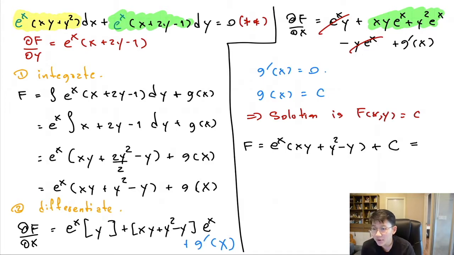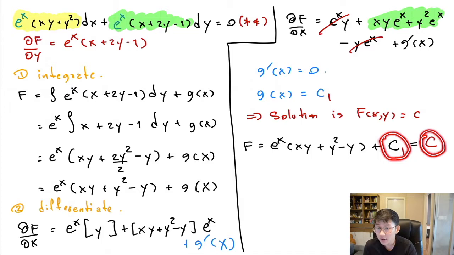Because you know g prime x equals 0, so gx is a constant. I call it c1, not to be confused with this c. Equals c. But guys, this is a constant as well.